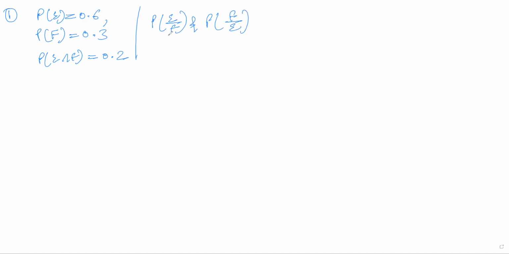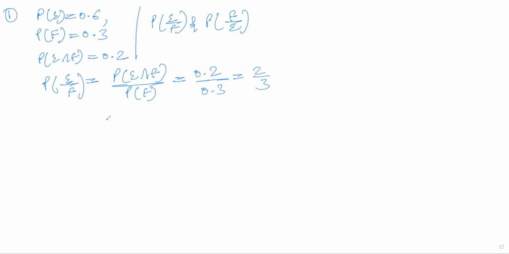We know the formula for conditional probability. This is conditional probability, right? Because we want to find out the probability of event E when F has already happened. So we can use P(E intersection F) divided by the probability of F, which is written in the denominator. We know all of these things. This is 0.2. This is 0.3.